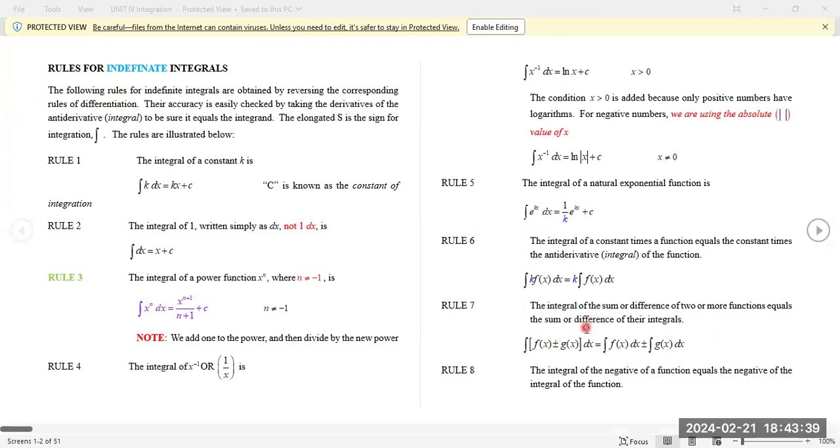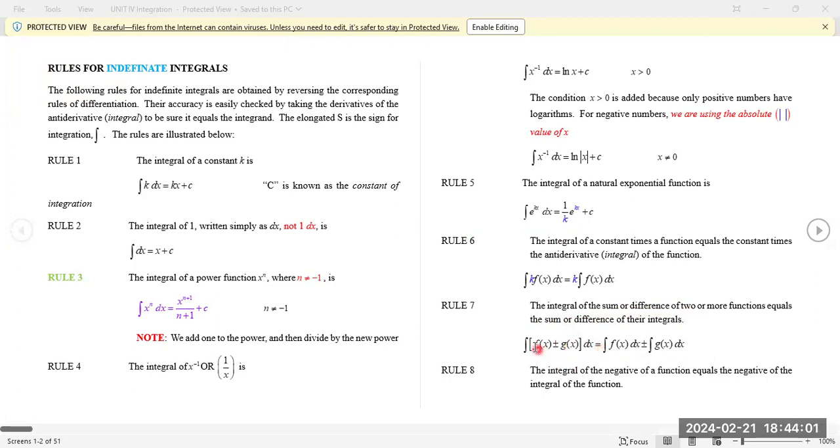The last one says the integral of the sum or difference of two or more functions equals the sum or difference of their integrals. So if I don't understand what that is saying, not a problem. What this is saying is that if I'm integrating a function plus another function, it's the same thing as integrating this function by itself and then adding it to the integral of the other function by itself.